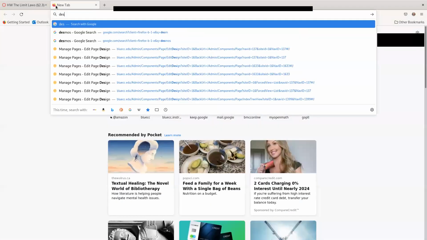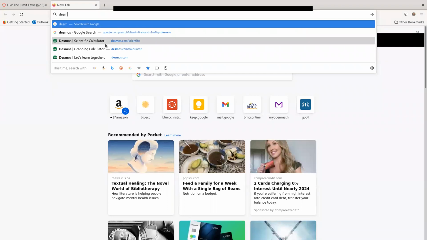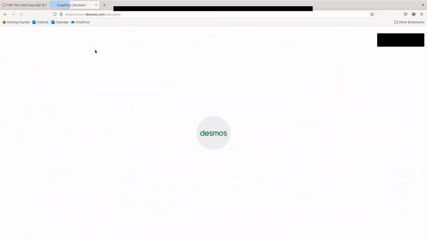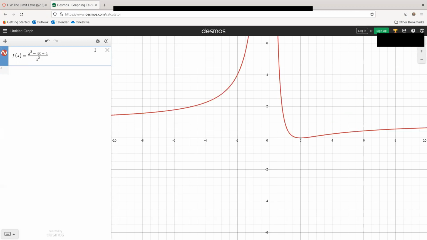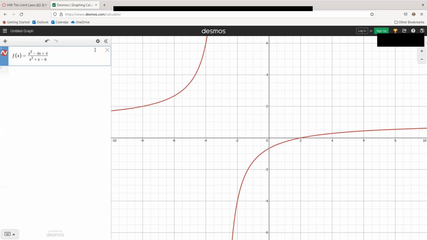And Desmos has been lovely lately. Desmos graphing calculator. And my function f of x is equal to the fraction x squared minus 4x plus 4 over x squared plus x minus 6, and I think that's right.